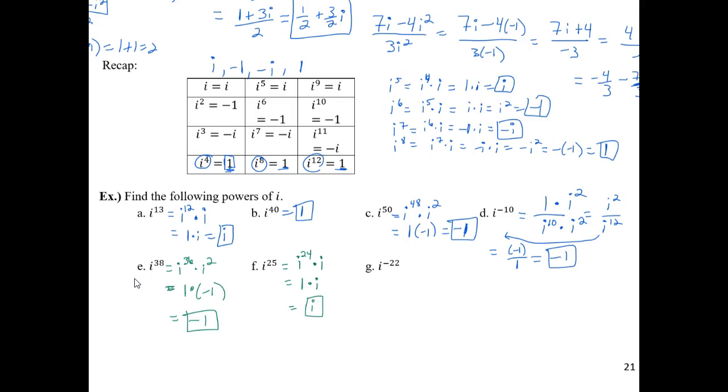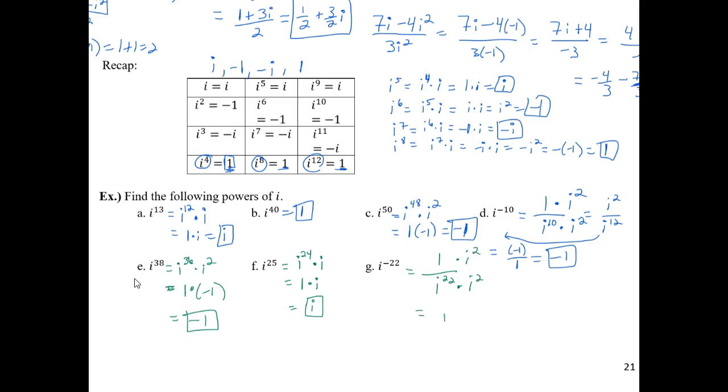And the last one here, it has a negative exponent. Negative exponents take the reciprocal. And then I ask myself, what do I have to multiply by to get it to a multiple of 4? So 22, I would need to add 2 more. So I do i squared times i squared.